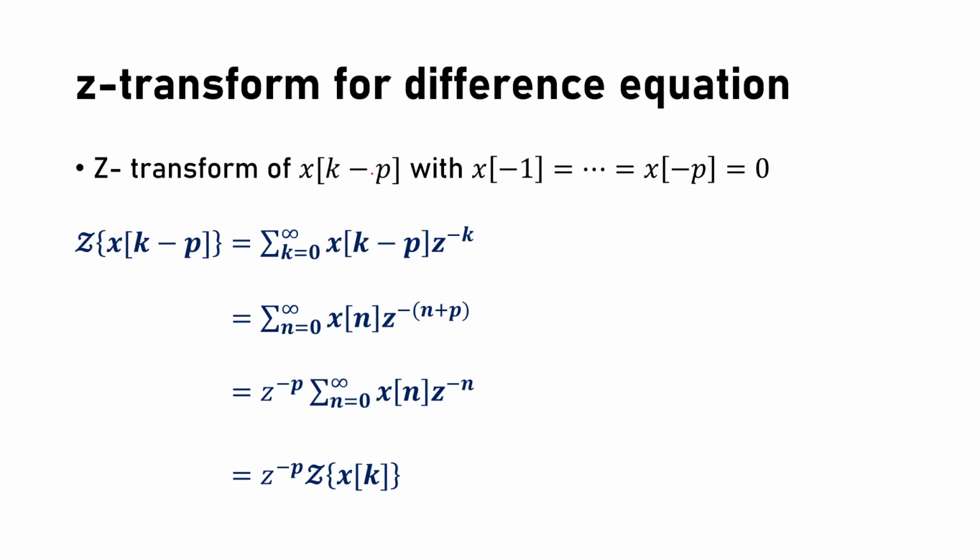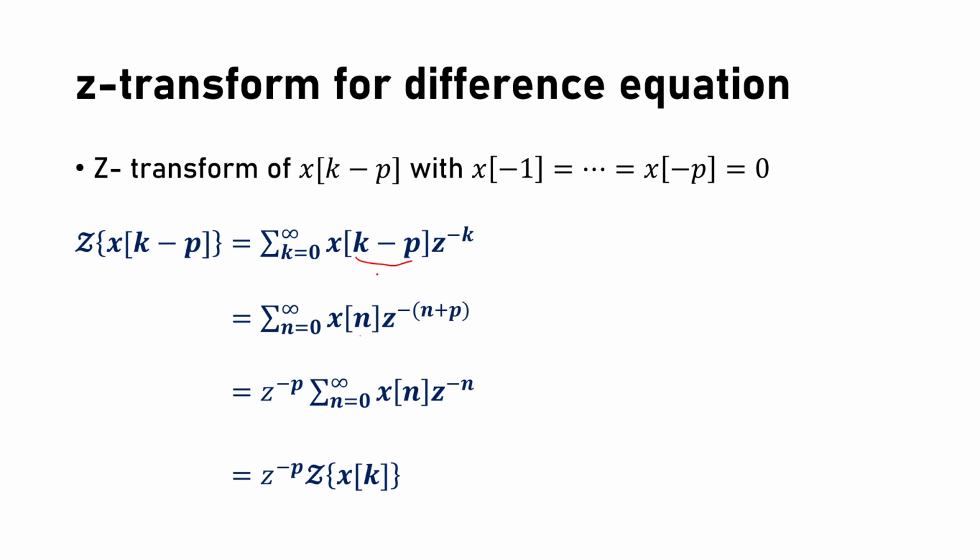And next, the Z transform for difference equations. Let's say you have a sequence h of k minus p, and again with this condition, so that you can apply the definition of unilateral formulation. You apply the Z transform to this sequence, and then just use the method of change of variable, substituting k minus p by n.